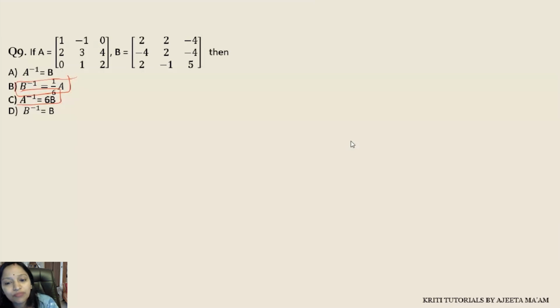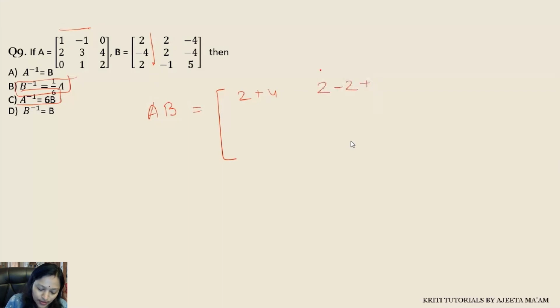So for this, what will we do first? Let's find the product of A and B. From that we will know what the product comes out to be. Let's check it out. Let's find AB. I'll tell you how we go for it. Now 2 this row with this column, 2 plus 4, and this row with this column, 2 minus 2, then this row with this column. So we get minus 4 plus 4.